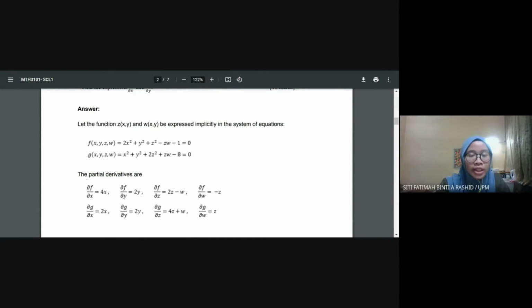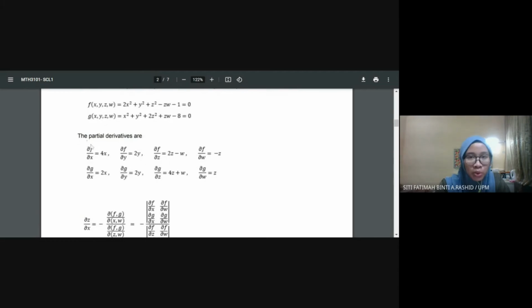Step number 1. Let the functions z(x,y) and w(x,y) be expressed implicitly in the system of equations f(x,y,z,w) equal to 0 and g(x,y,w,z) equal to 0. Step number 2.